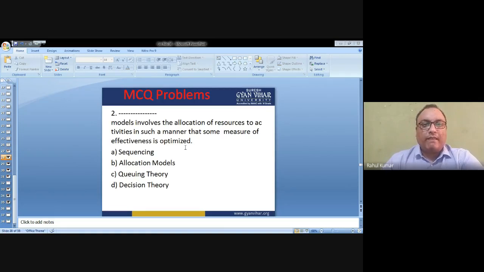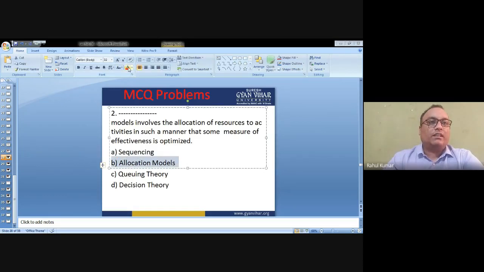The options are sequencing, allocation model, game theory, and decision theory. So what will be the right answer for this question? It is the allocation model. This is the right answer.